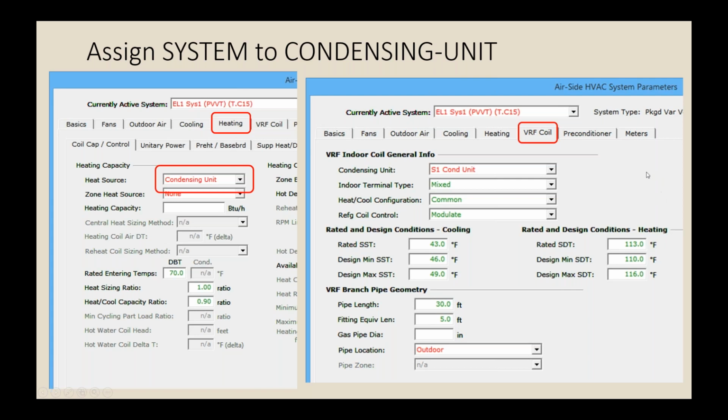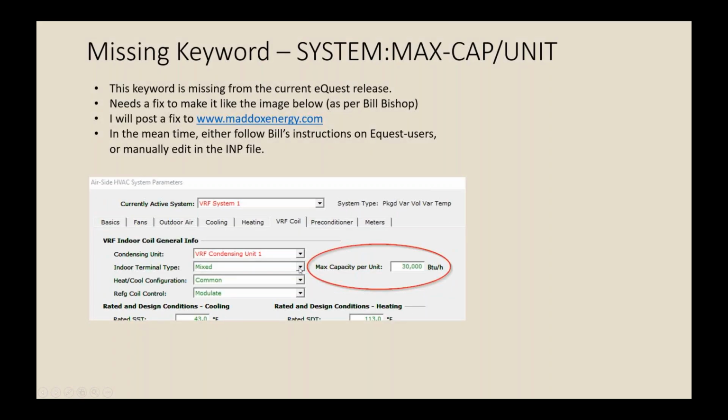You'll notice that over here on the right, it's blank, and some users have discovered that the max capacity per unit is a keyword that's missing in this interface. Bill Bishop has added that to his version of the program by manipulating some of the behind-the-scenes eQuest files.